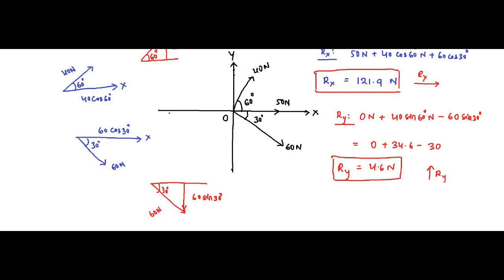Now we will evaluate the resultant. The resultant vector will be like this. We have Rx equal to 121.9 Newton, and Ry equal to 4.6 Newton. This will be the resultant R vector.